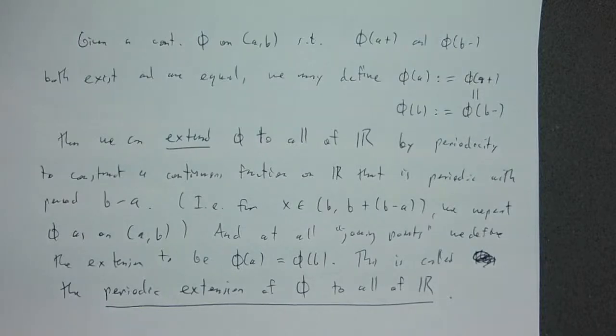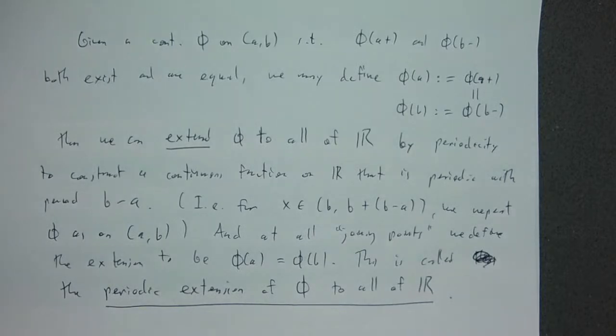I can't always do that. Sometimes we have discontinuity. If we have discontinuity, then at the joining points we could just pick one of the ends as my defined value. But we could also pick the average of the values if you wanted to. Since both these limits exist and are finite, you could take the average of the two, and that would work just fine.